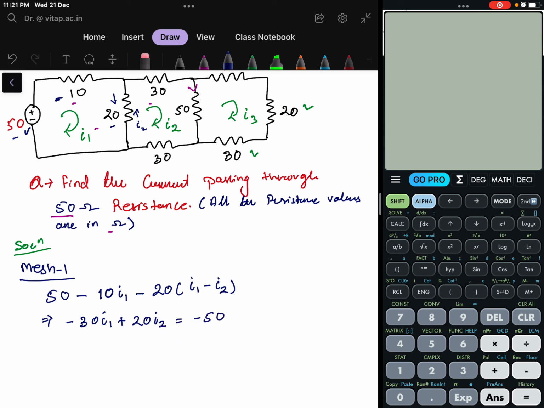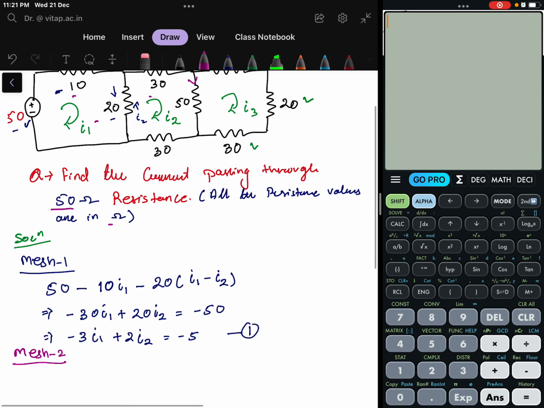Now if I take mesh number 2, what will be the equation? Here the first resistance, I write minus 20 into I2 minus I1. Why minus 20?